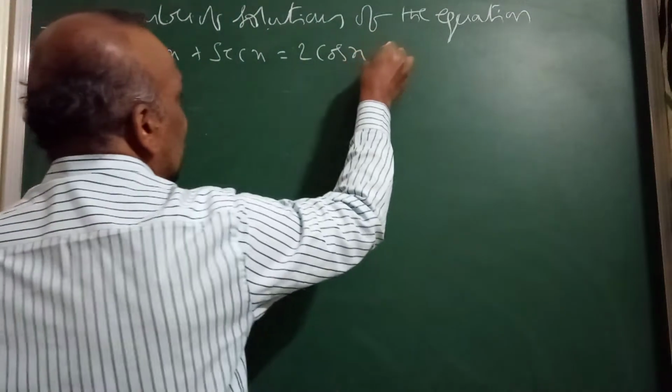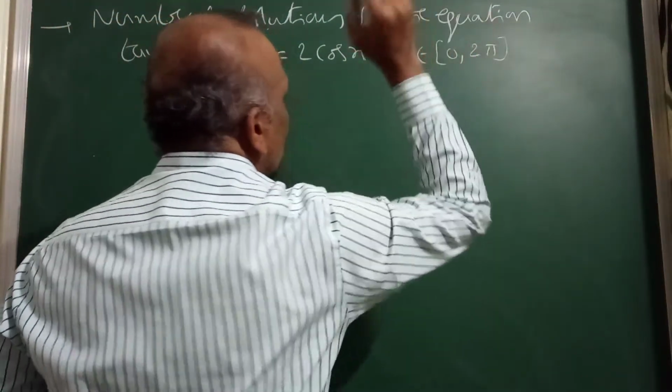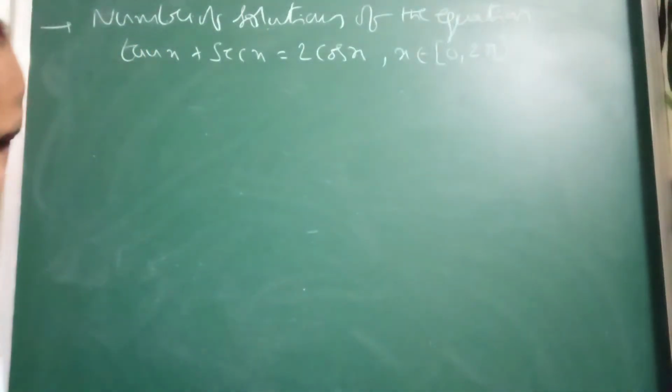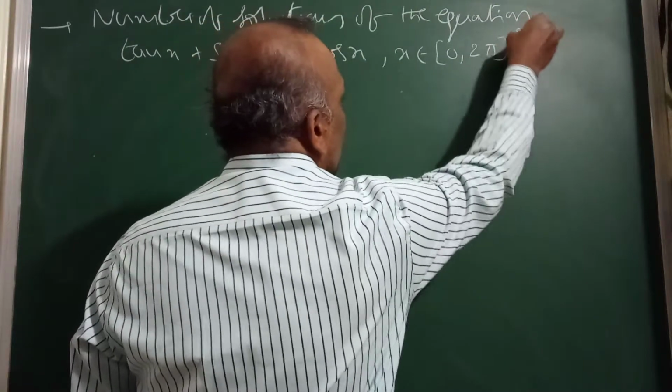So they are talking about the number of solutions. They are asking here x belongs to 0 comma 2 pi.